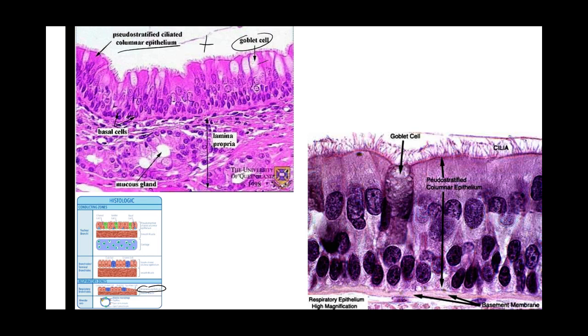Also, and I'd have to double check this because it's purely from memory, I think smoking can cause squamous metaplasia, so it can cause the respiratory epithelium to actually change to squamous, because squamous epithelium is better equipped to handle the damage from smoke inhalation. So it's a good term to be familiar with: metaplasia, squamous metaplasia.